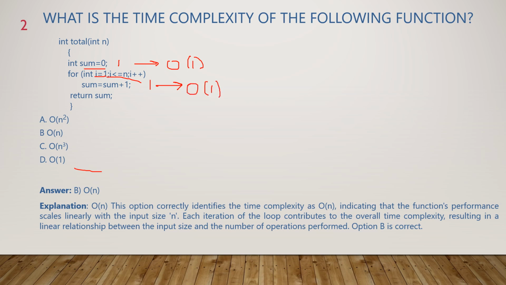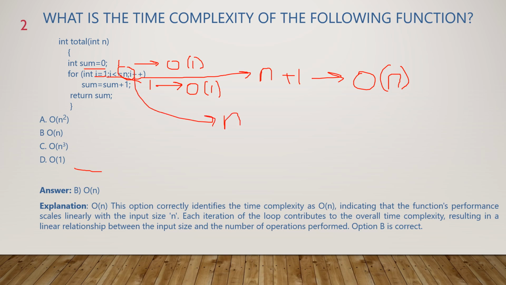The other one is i <= n. This operates n + 1 times, and because of this the running time is O(n). The last one is the increment. This increment also operates n times, and this is O(n).